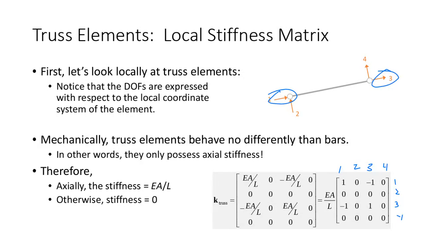Does that make sense? Okay. All right. Now, this is the local stiffness matrix, but this doesn't answer my original question, which is what's the global stiffness matrix? Well, I got to rotate this thing, okay?